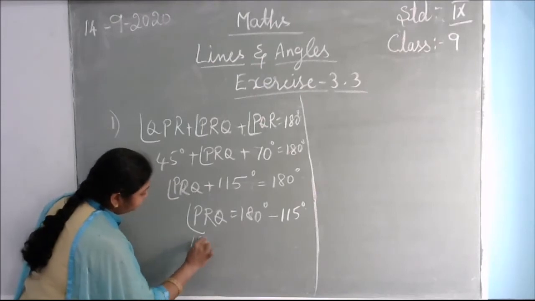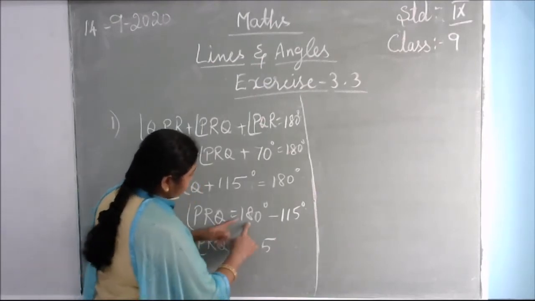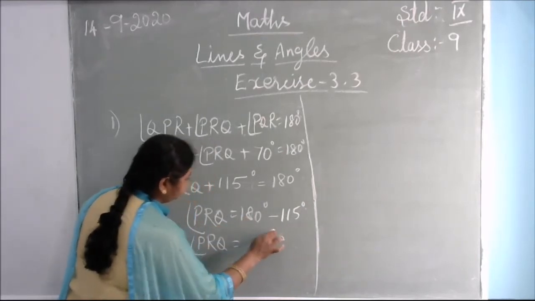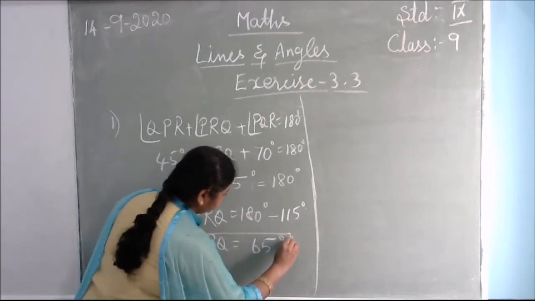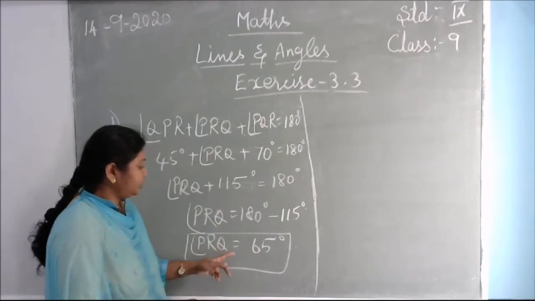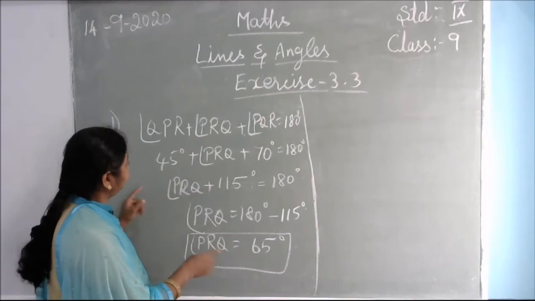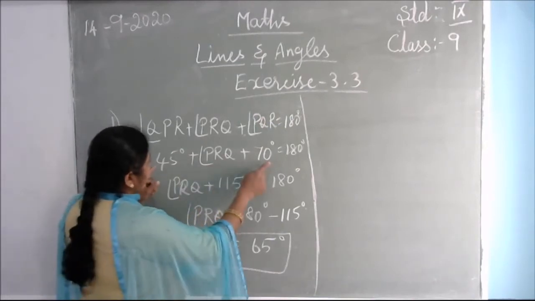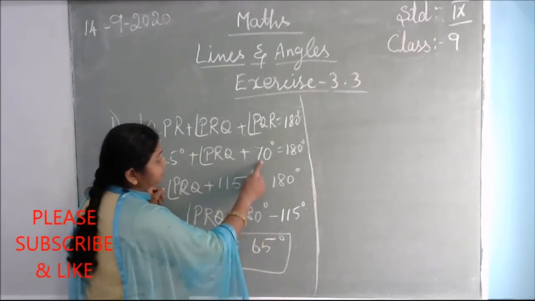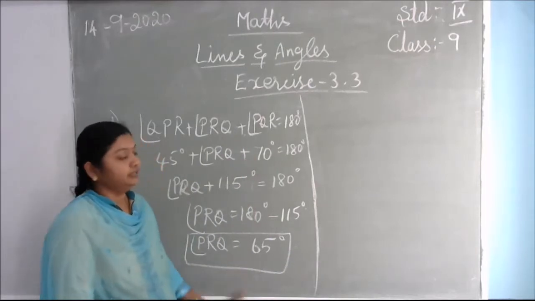So angle PRQ is equal to 65 degree. How much did you get? 65 degree. If you want to verify, you have to add and see. 70 degree, 45 degree plus 65 degree, 110 plus 70, 180 is coming. So your answer is correct.